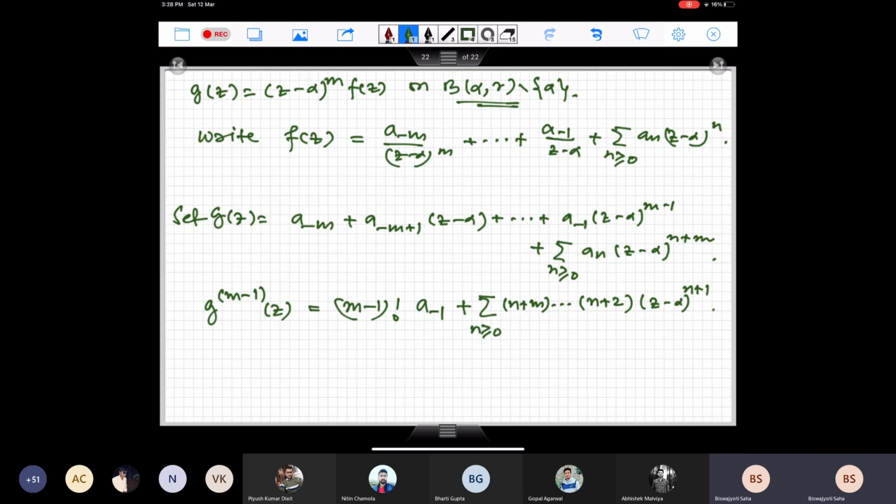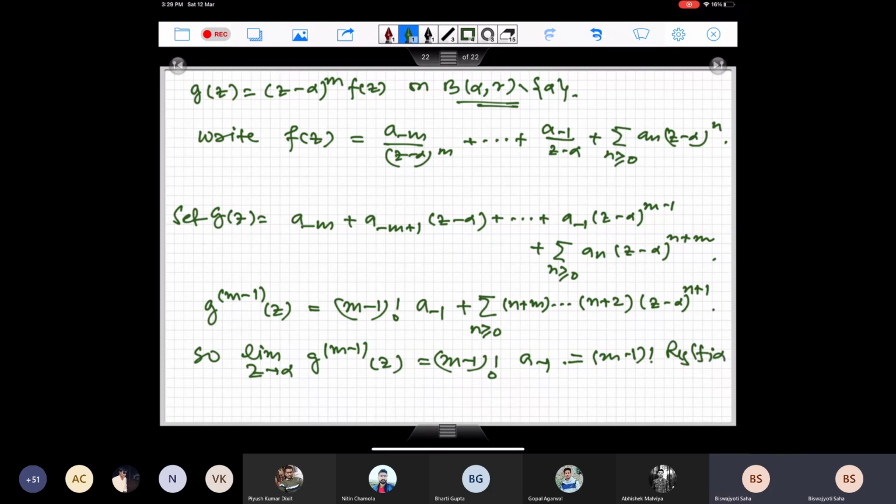Okay, so this is precisely what you are going to get, and hence the limit as z tends to alpha of g^{(m-1)}(z) is (m minus 1) factorial times a_{-1}. Therefore this is equal to (m minus 1) factorial times the residue of f at alpha. So the residue is 1 upon (m minus 1) factorial, limit as z tends to alpha of g to the power (m minus 1) of z. This is precisely the formula I have explained.